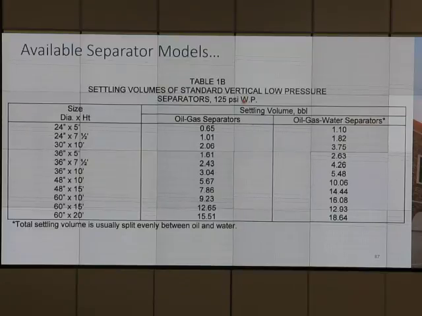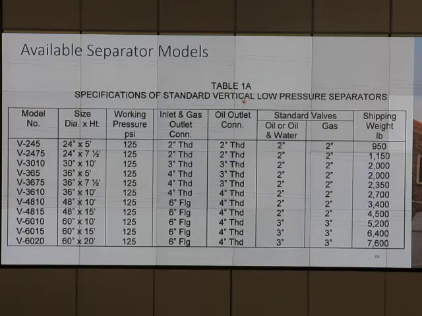For a different working pressure, you have another table. Look at this table: specification of standard vertical low pressure separator. What you have is model number, size, working pressure, inlet outlet gas connection, oil outlet connection.